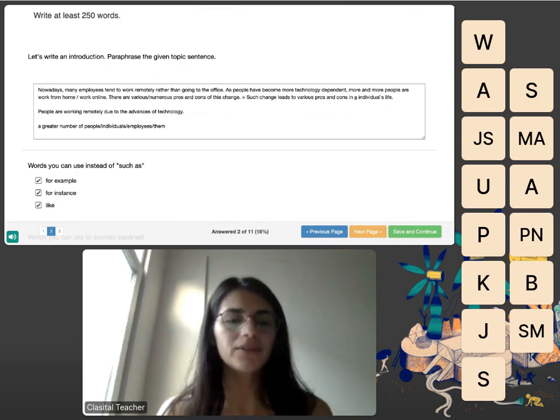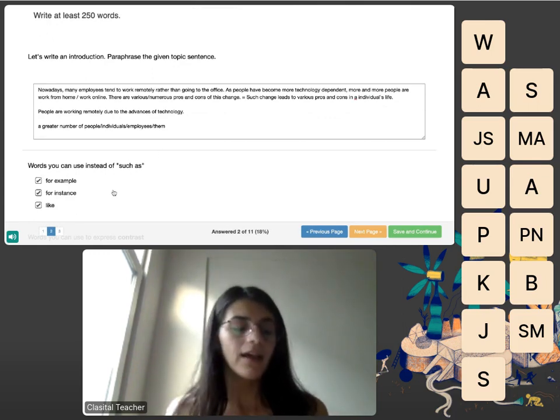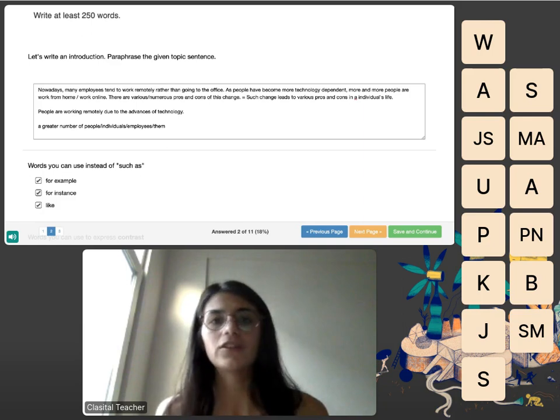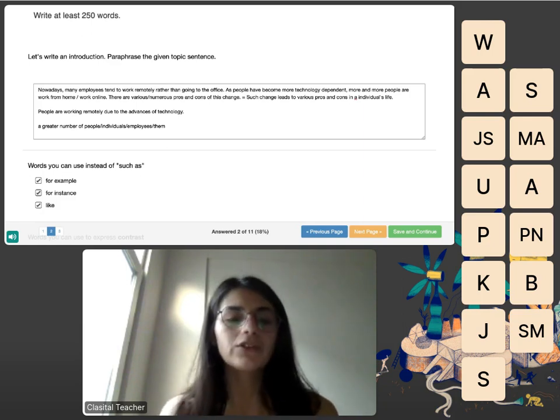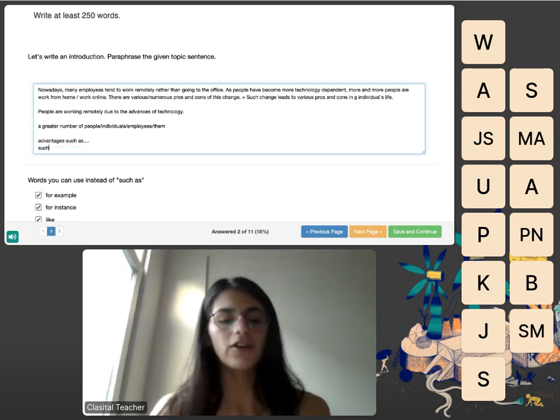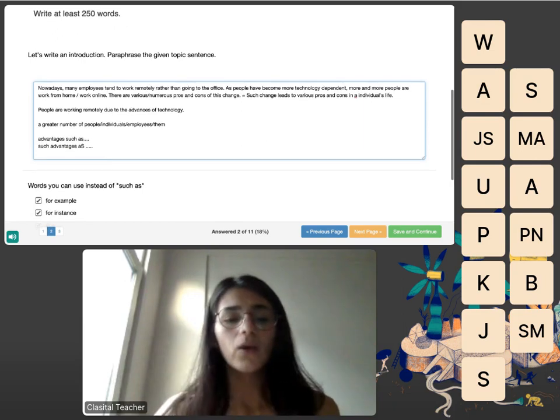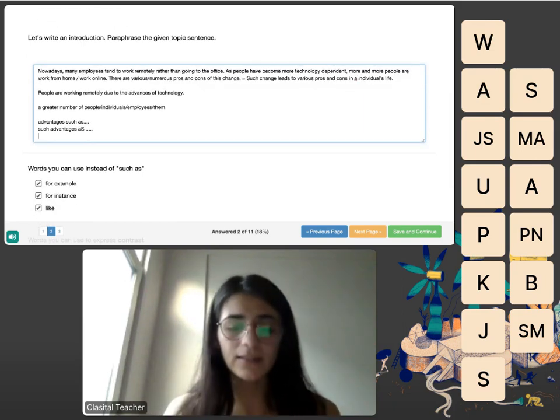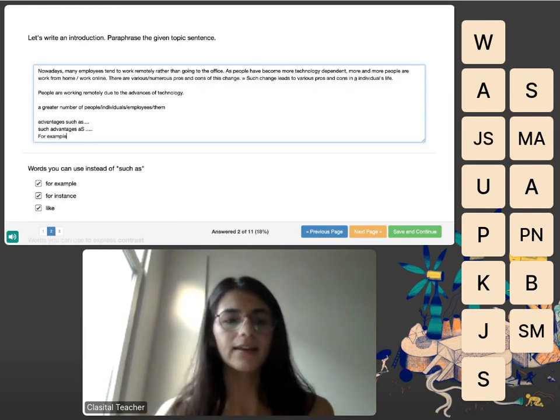Just remember that even though these all mean the same thing, they're not actually used in the same way. So for example, we use such as like this, saying advantages such as this and that, or we can say such advantages as this and that. We need to use for example or for instance while starting a sentence.